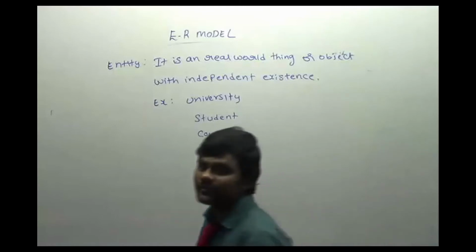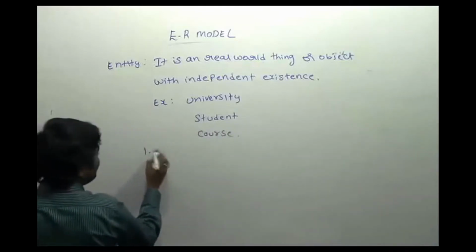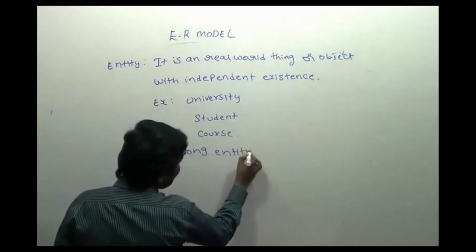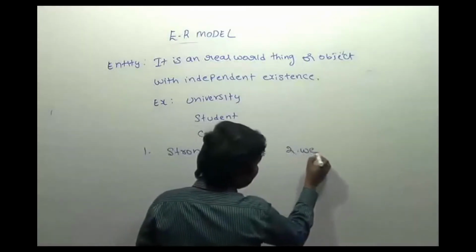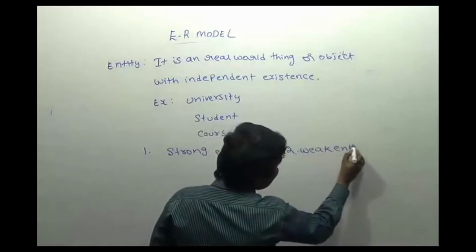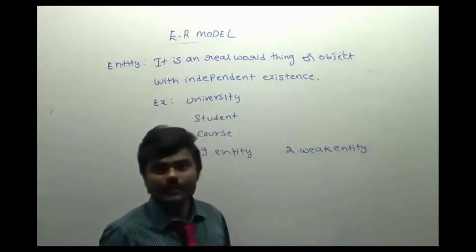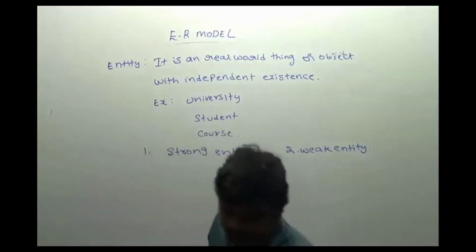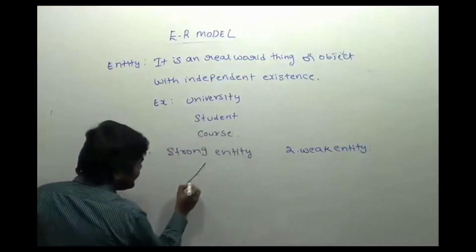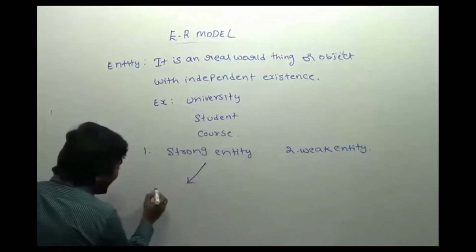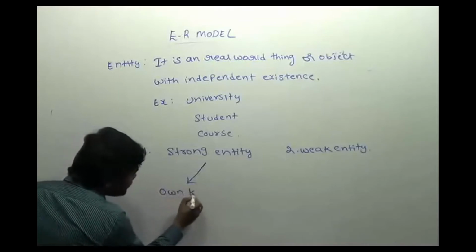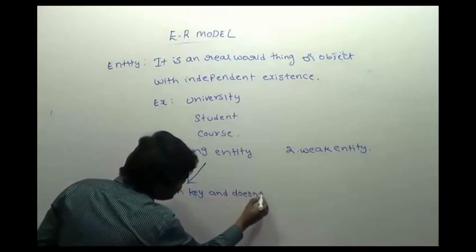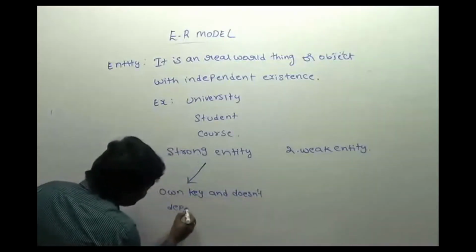There are two types of entities: strong entity and weak entity. A strong entity has its own key and does not depend on anyone for the key.